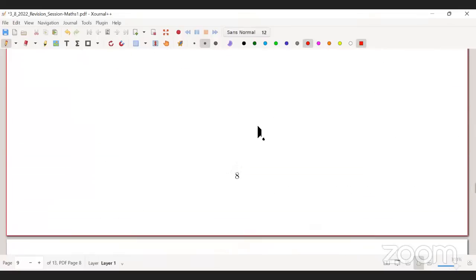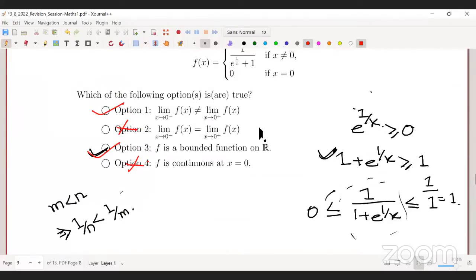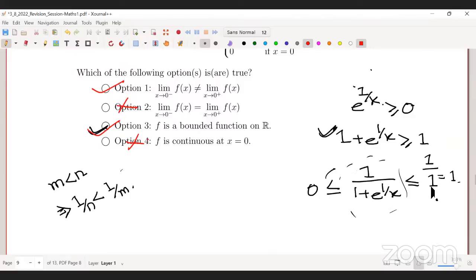I have a question. When we say bounded, it means the range is within a certain bounded interval? Yes. Here the range is in between 0 to 1, so the range of the function is in a bounded interval. That's why this is a bounded function.